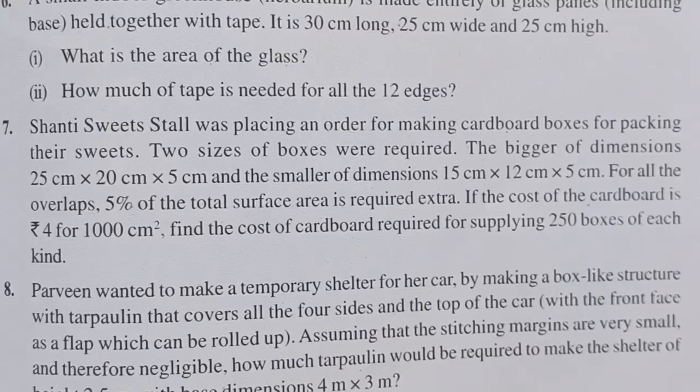For all the overlaps, 5% of the total surface area is required extra. If the cost of the cardboard is rupees 4 for 1000 centimeters square, find the cost of cardboard required for supplying 250 boxes of its kind.